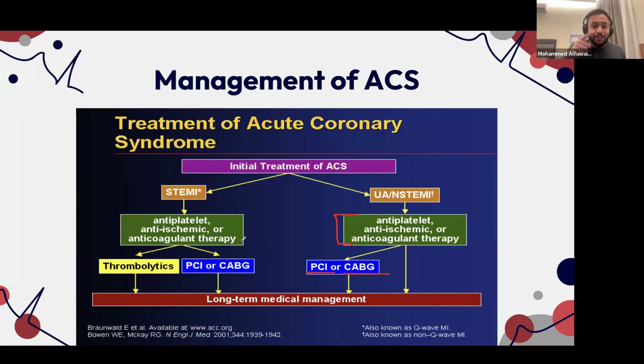You need to check if there's right ventricular involvement or SA and AV node involvement. Then you treat, either with thrombolytics, as I mentioned before, or if it's within 90 minutes, you do PCI. If not, then you see if they're fit for surgery, you do CABG or not. This is basically treatment of acute coronary syndrome of MI in a nutshell.